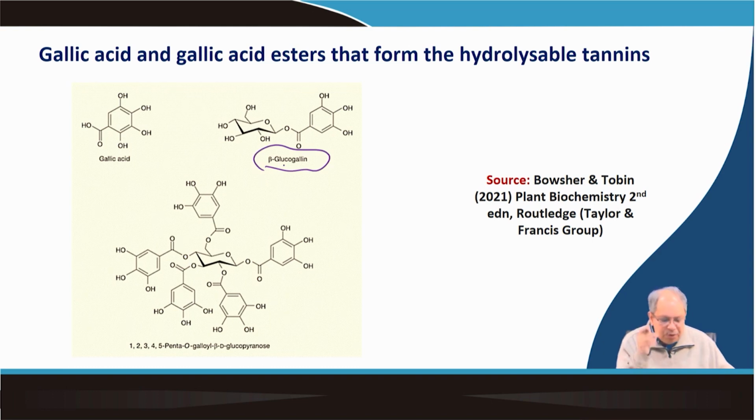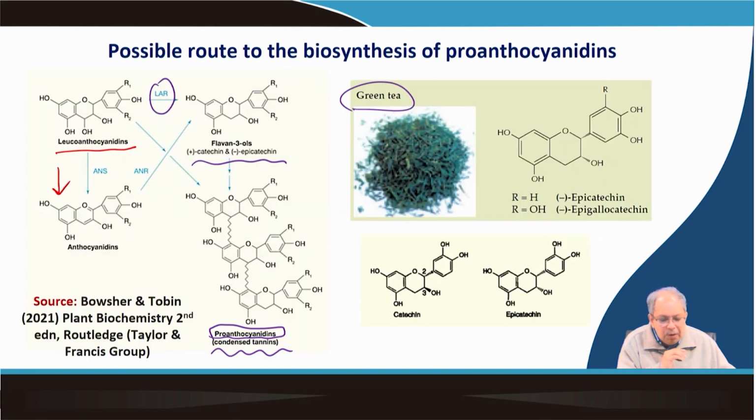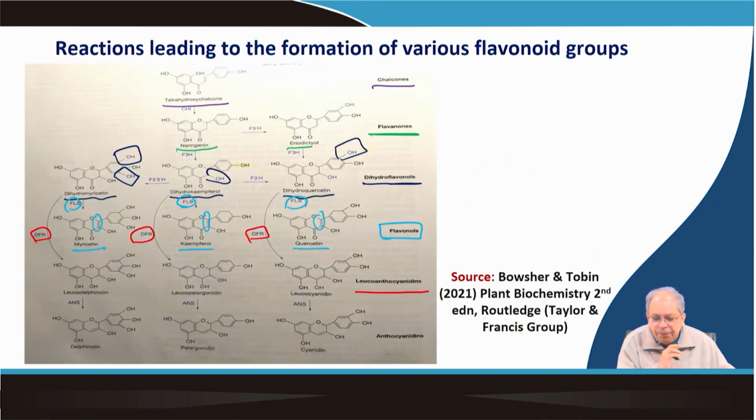This slide I have shown in the previous classes, and that can also form the complex hydrolyzable tannins anyway. So, formation of flavones. Now let us go back again here. The flavanones are basically naringenin and eriodictyol.